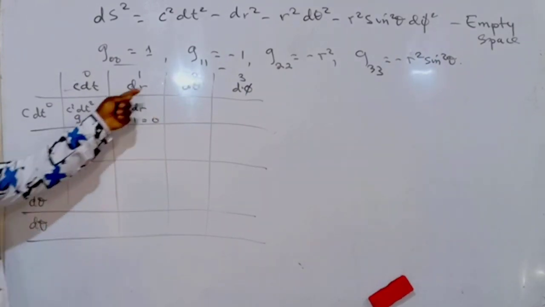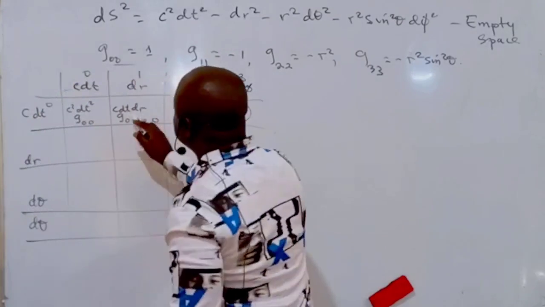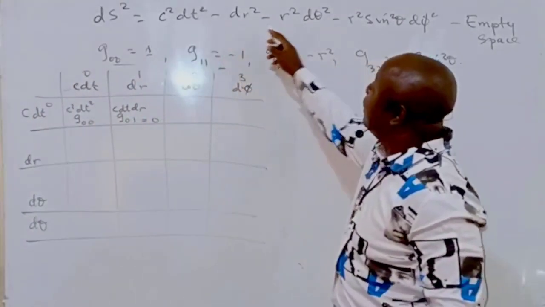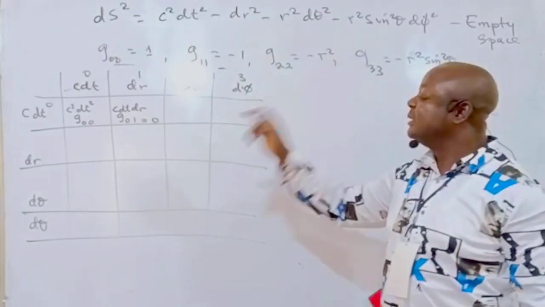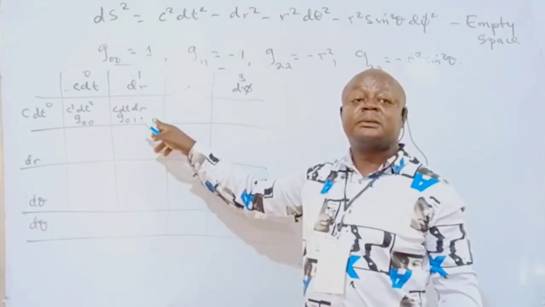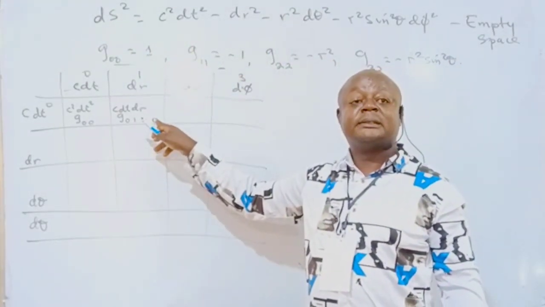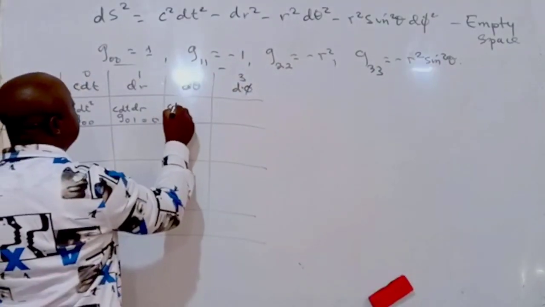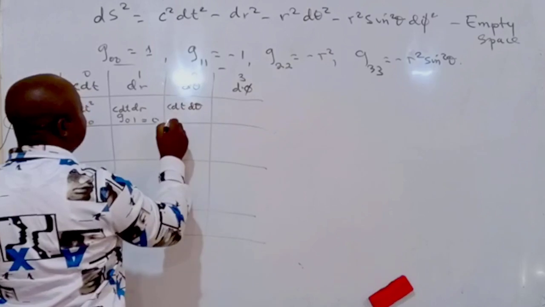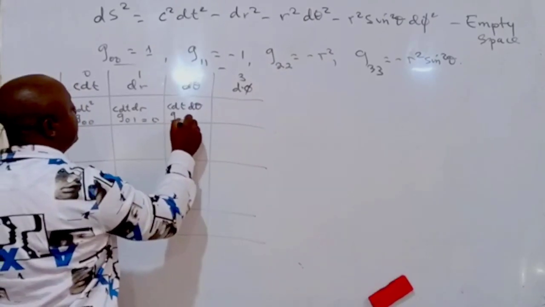There's no term here that has dt dr, so it's 0. Can you see that? The next one will be c dt d theta, which is our g02.